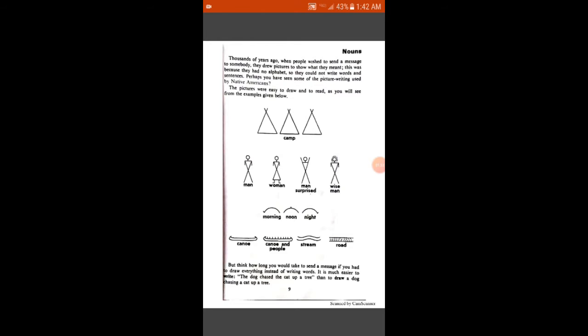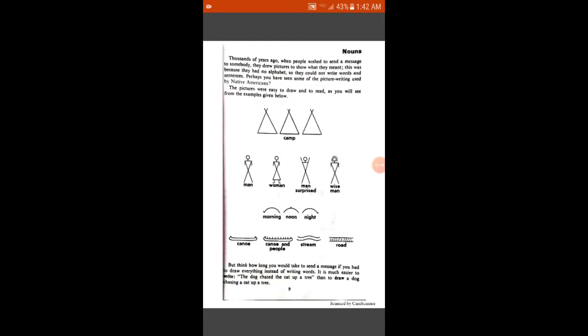This is also drawn in a line. If we have a separate line for man and woman, these sorts of signs are used there.